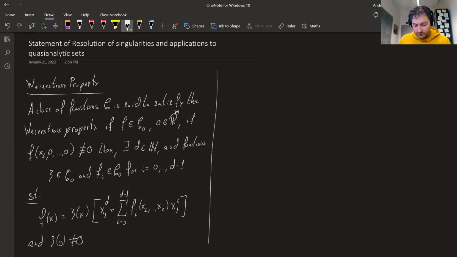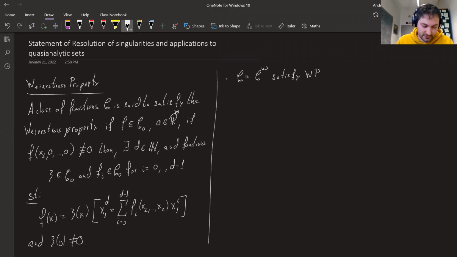So it means that apart from a unit, after maybe taking a very small open set of 0, we can write it just as a polynomial with coefficients in the same class. Okay, this is the Weierstrass property. We do know that in the analytic case, it is valid. So the analytic case satisfies the Weierstrass property.